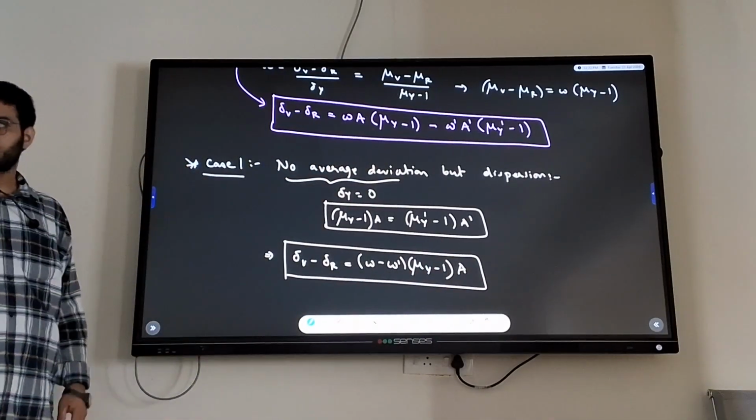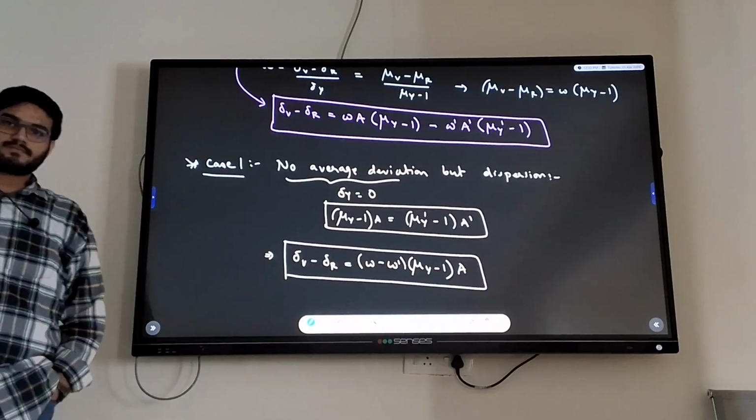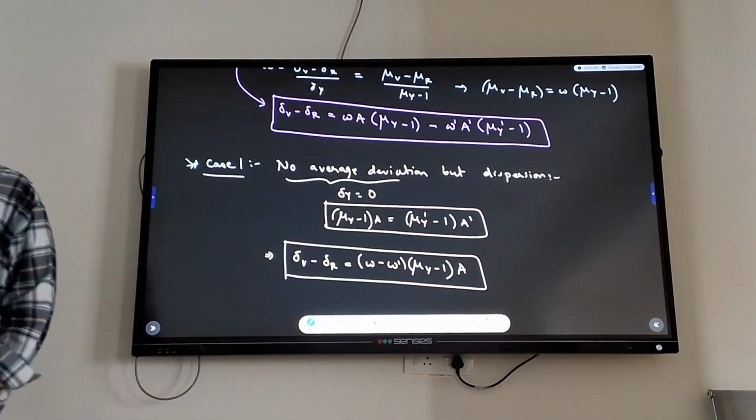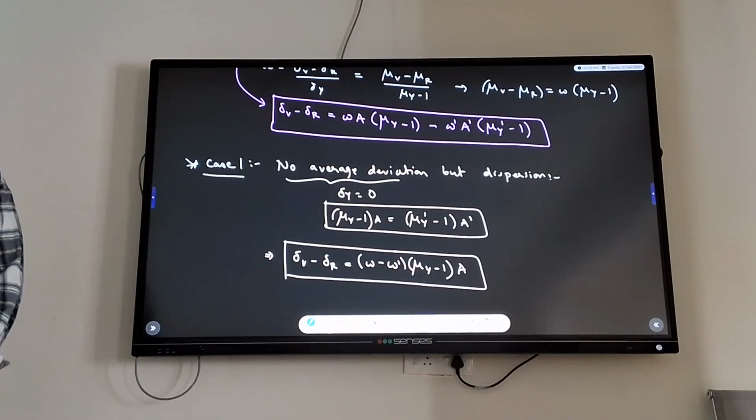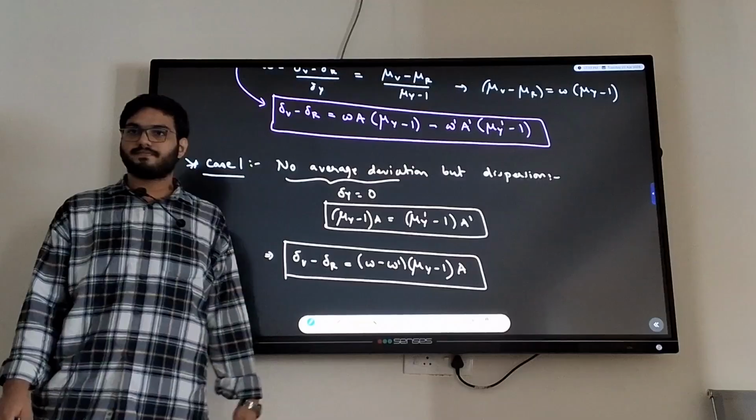Please check if it is correct or not. If there is no average deviation, there will be a dispersion, and the dispersion will follow this formula. Okay?